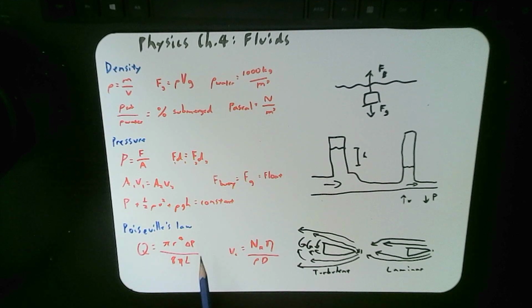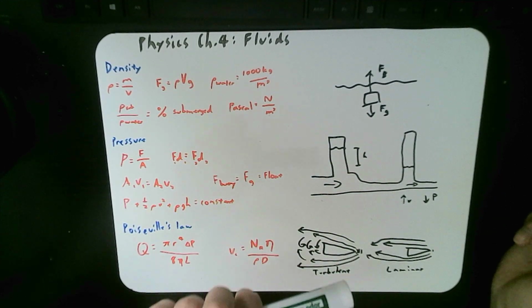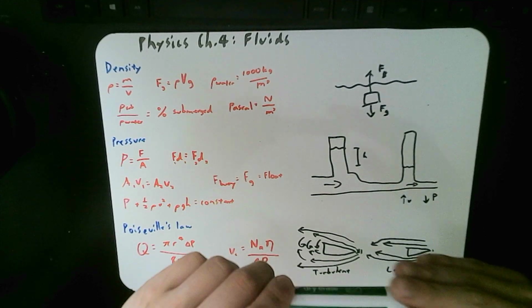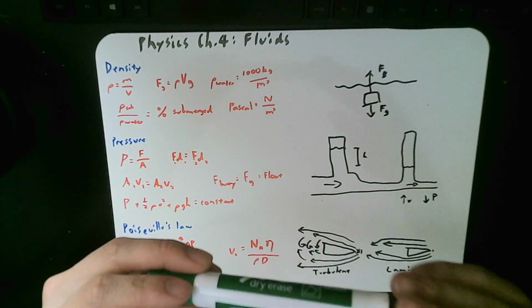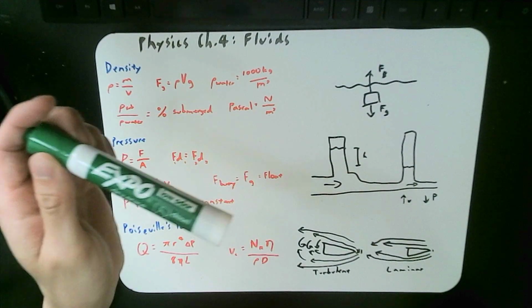Now, Poiseuille's law talks about laminar and turbulent flow. As an object moves through a liquid, whether it's air or water or anything fluid, the fluid is going to move around the object if it's moving at normal speed.